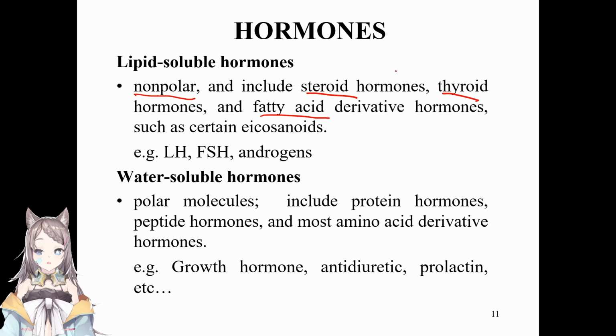Water-soluble hormones are the next type. These are polar molecules. This includes protein hormones, peptide hormones, and most amino acid-derived hormones like your growth hormone, antidiuretic hormone, prolactin, etc.